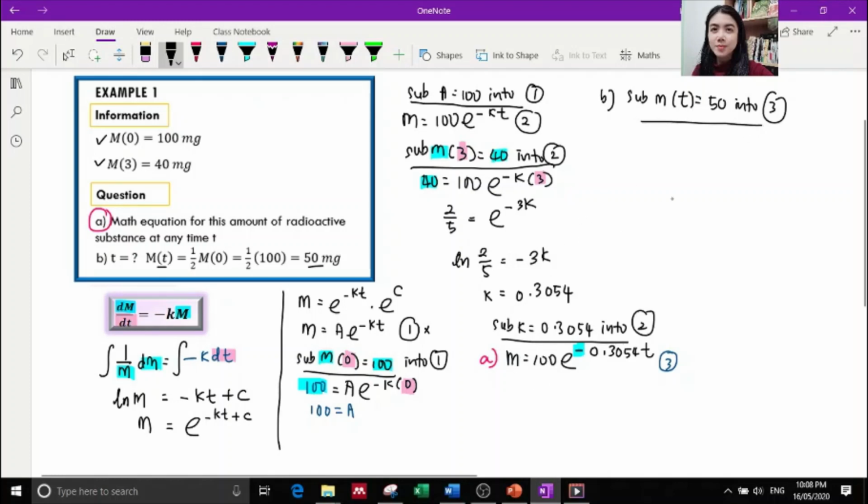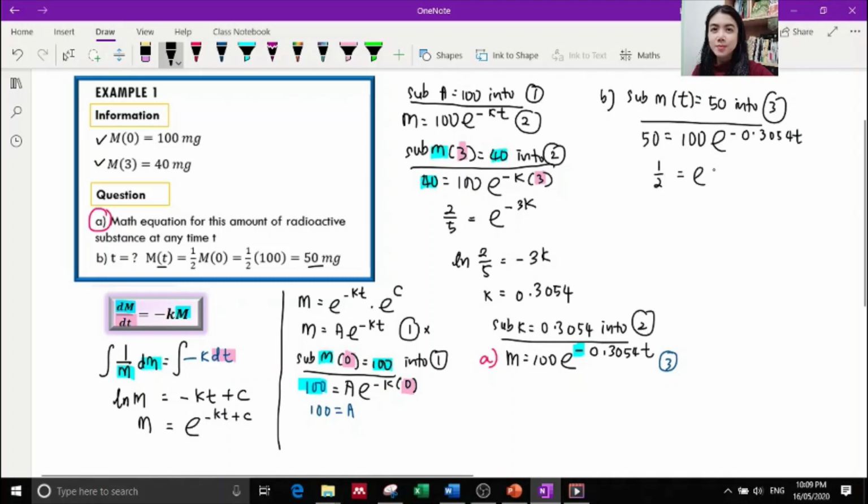So your m here is actually 50, equal to 100 multiplied with e to the power of negative 0.3054 t. Then you bring the 100 to the left hand side, you will have 1 over 2.